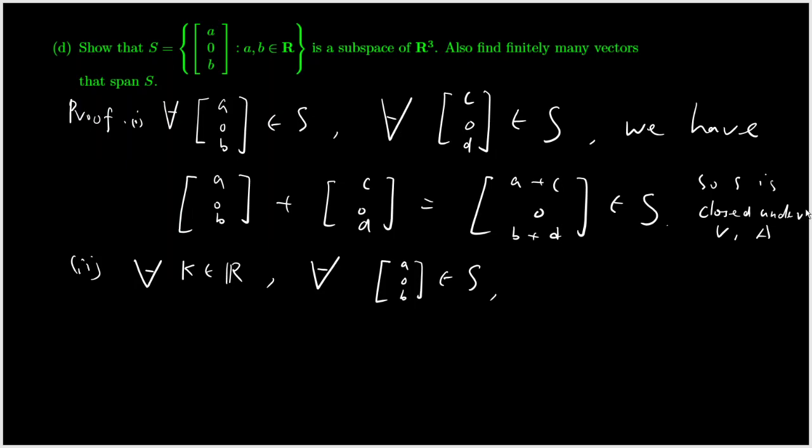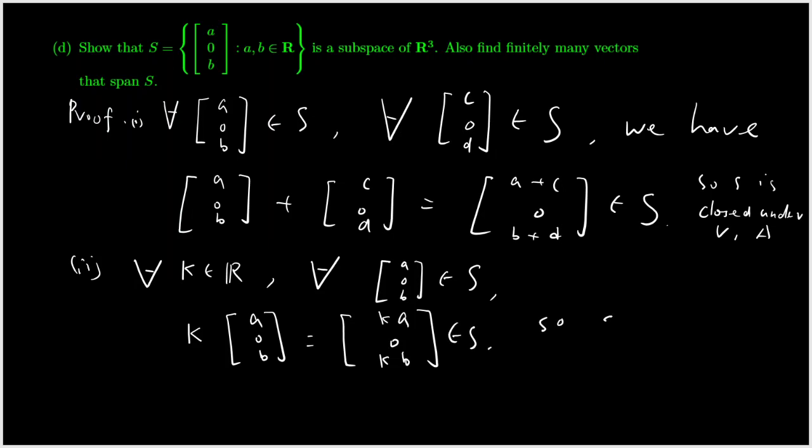We want to compute the scalar multiple. So now let's say K times the vector A0B. For this one, I think the first component is Ka. In any case, the second component is 0. The third component is Kb, right? In order to say it's a vector in S, all we need is to check the second component. As long as the second component is 0, it's indeed the case. So that's a vector in S, right?